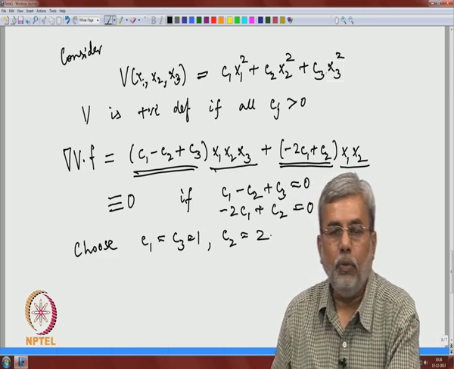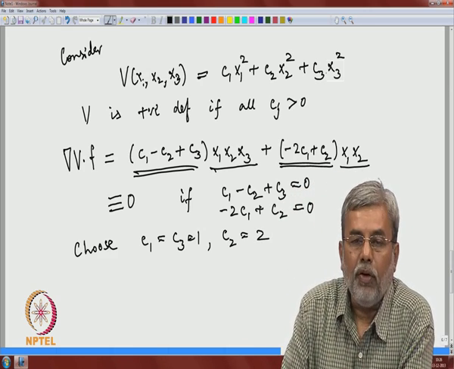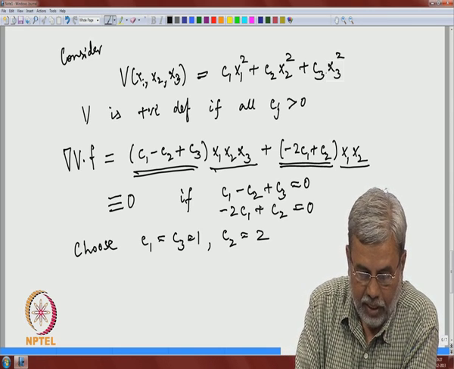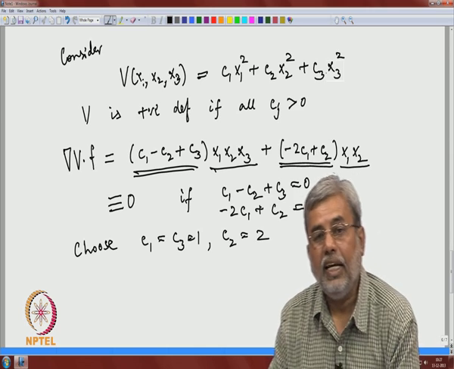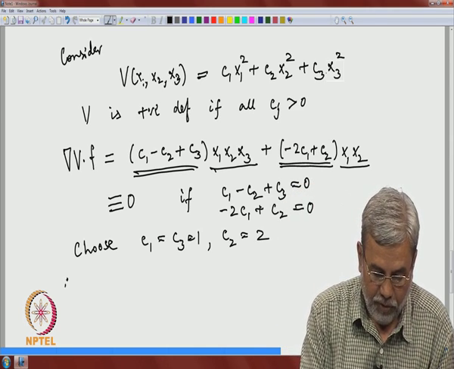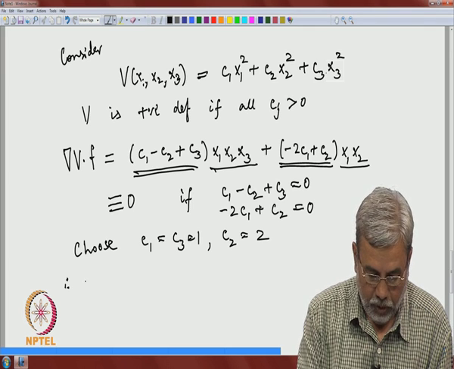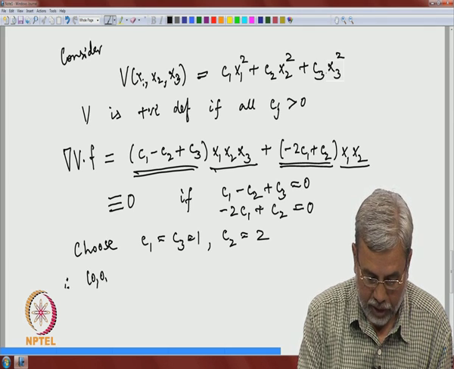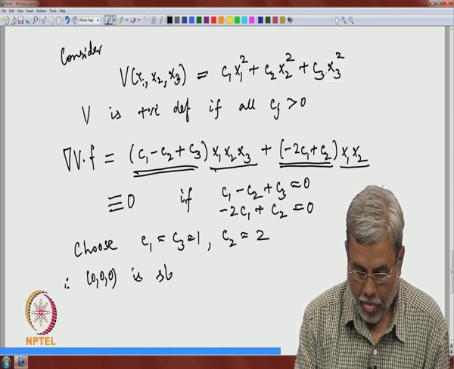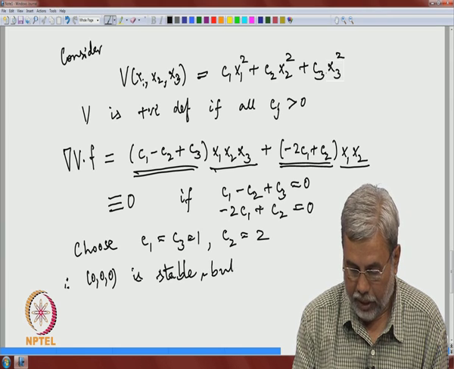Okay. Then we have a positive definite function for which grad V dot f is identically 0. So, again like the previous case, the origin (0, 0, 0) in 3D is stable, but not asymptotically stable.